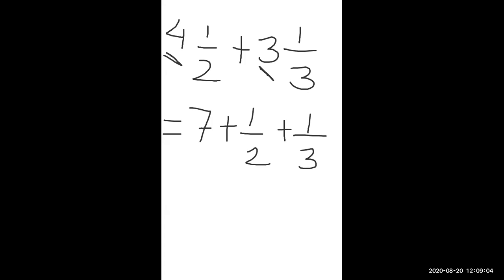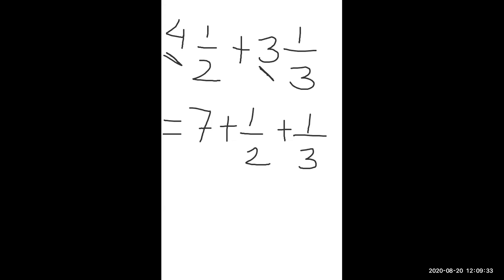Here you have to make the denominators equal. How are you going to make it? See, in the table of 2, 3 is not coming, and in the table of 3, 2 is not coming. So you have to cross multiply: 1 upon 2 by 3 and 1 upon 3 by 2.